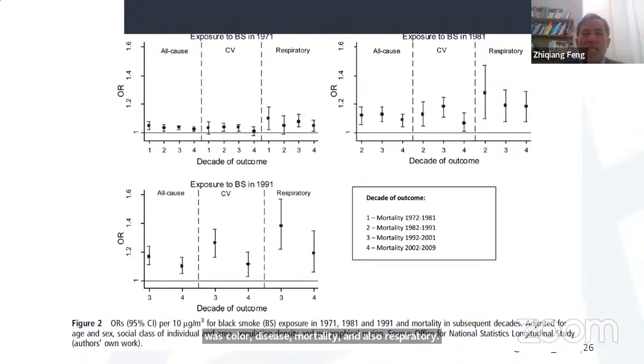So they did show a long-term impact of pollution, but the results also show the later or more recent pollution is more important compared to earlier ones.